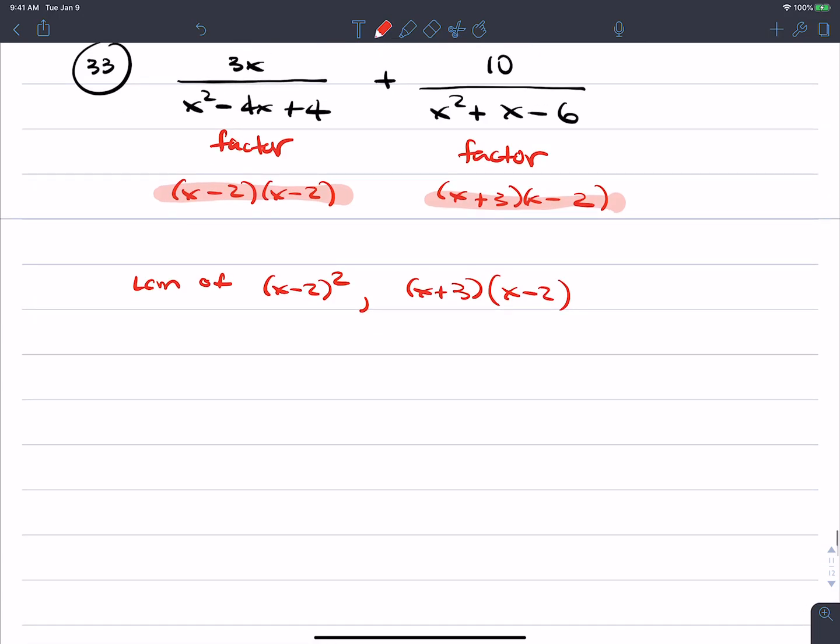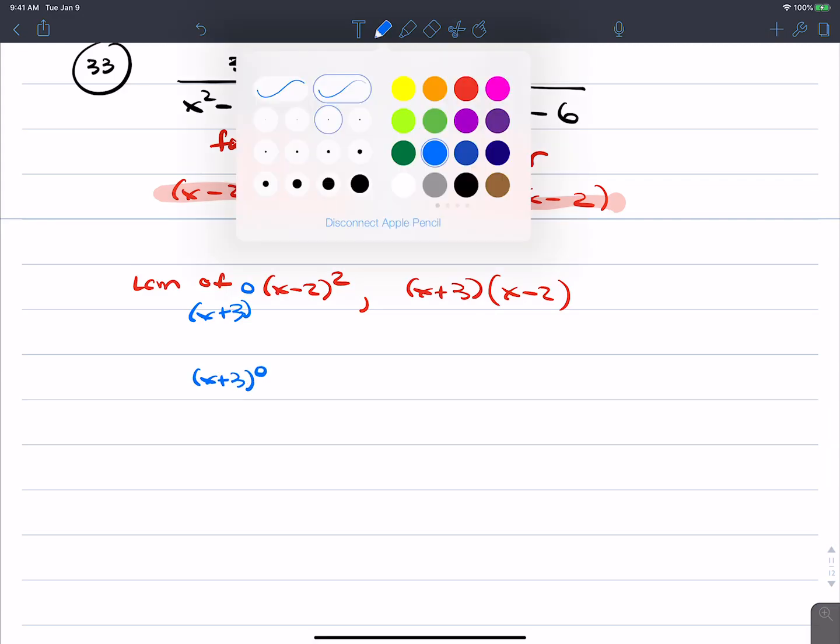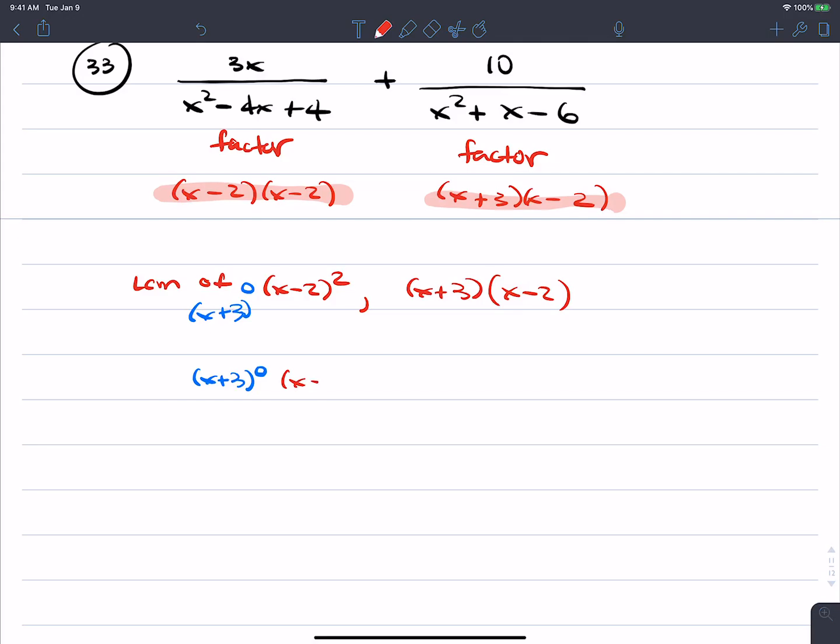I'm just going to remind you that what I can do here is put an x plus 3 term as long as it's to the 0 power, because x plus 3 to the 0 is 1. So I'm really going to look for x minus 2 squared, and x plus 3 to the first power, x minus 2 to the first power.